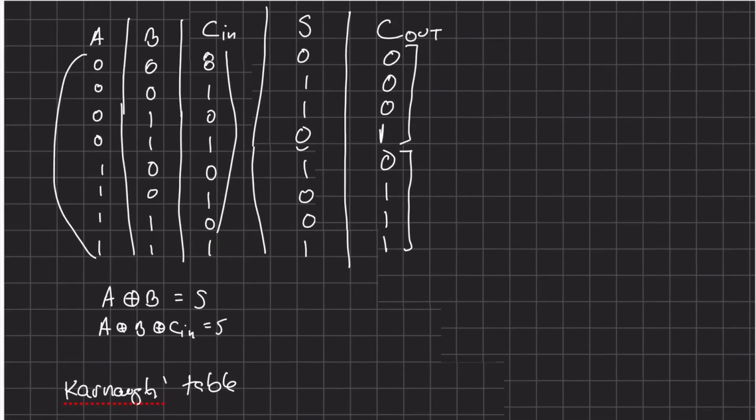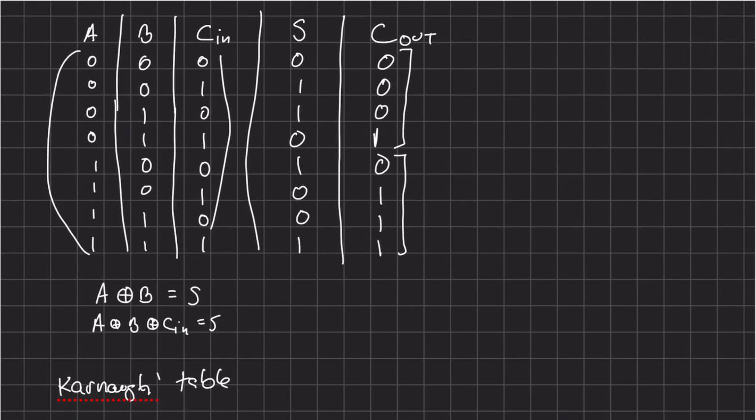It's the Karnaugh table. So the Karnaugh table will be over there. How do we do a Karnaugh table when there are 3 inputs? I will ask you to try to follow the concept for now. There will be a lot of information that will be thrown at you. If you have any question, don't hesitate to ask them.